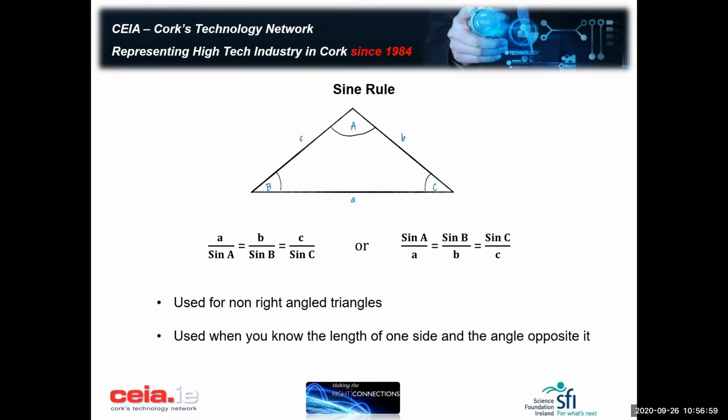So in the case of the sine rule, a over sine A equals b over sine B equals c over sine C, or you can invert it to sine A over a equals sine B over b equals sine C over c. As I said earlier, it's used for non-right angle triangles. And it's used when you know the length of one side and the angle opposite. That's important. So if you're given a length in a problem, but you're also given the angle opposite that length, then you will use the sine rule, and hopefully we'll be able to see that a little later on.